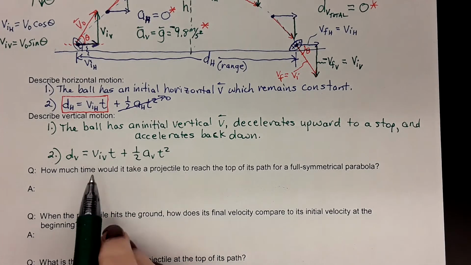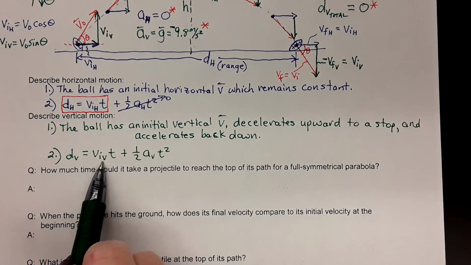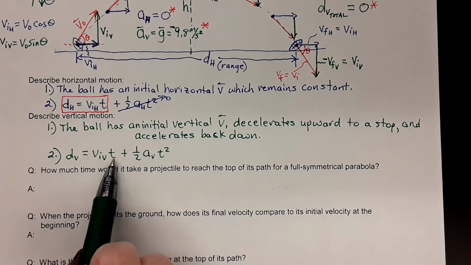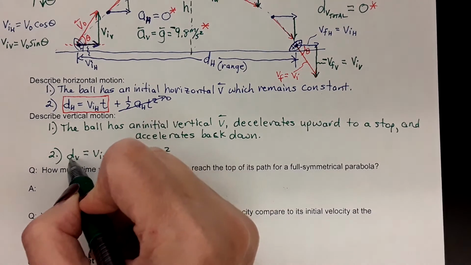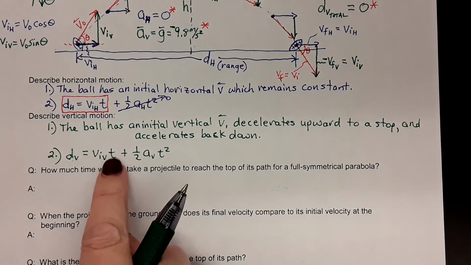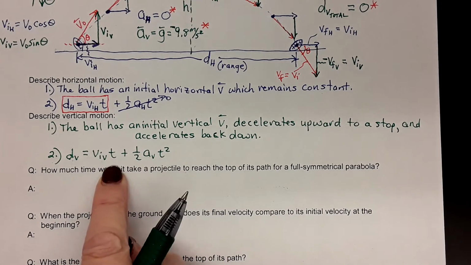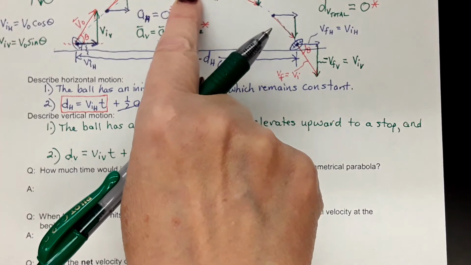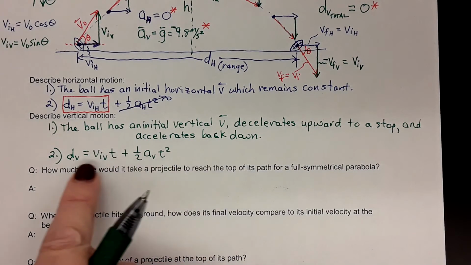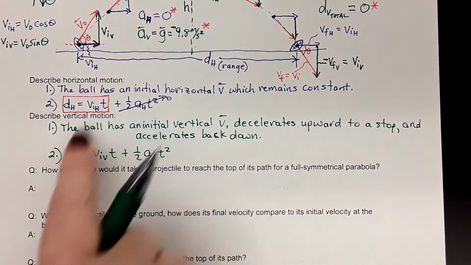But notice, in this case, this is not 0, this is not 0, and if you're looking at the total time, this is 0. But I don't want to drop it right now because sometimes you're not looking at the total time. Sometimes you want to look at the point at the top, in which case you'd have half the total time, and the vertical displacement would be the height.